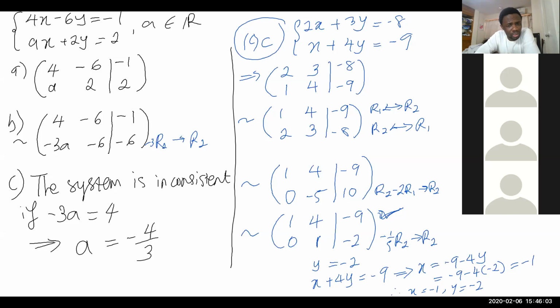Then later you did row 2 minus 2 row 1, right? Yeah. So next time what you could do is just combine the two steps by saying minus row 2 plus 2 row 1, or you do row 2 minus 2 row 1. Both of them will work. Yeah, okay. Two steps. Well done, but this is correct. Very, very correct. Okay. I go to the next person. Krista C.